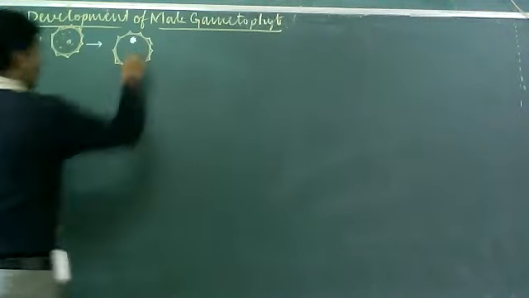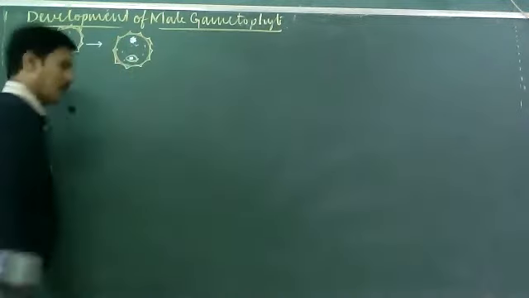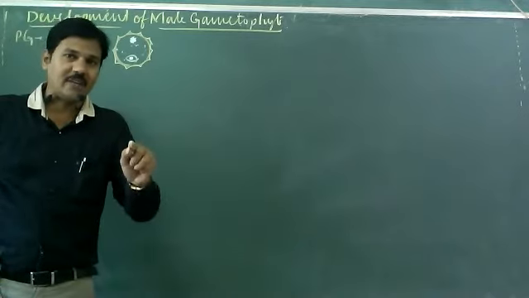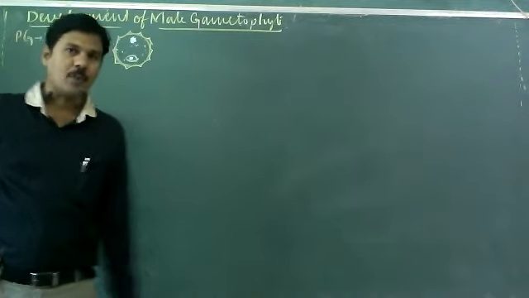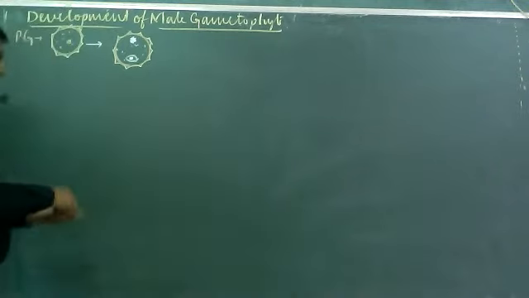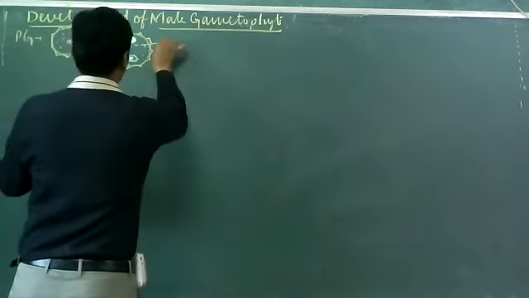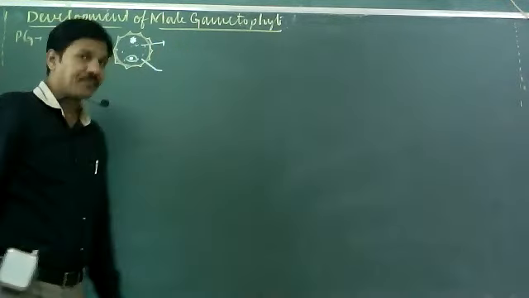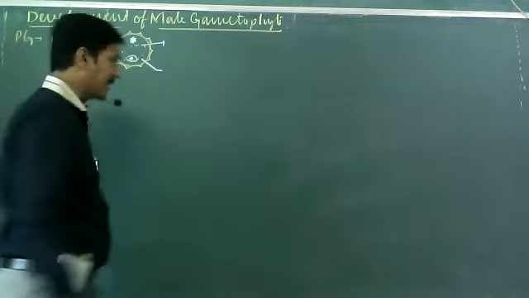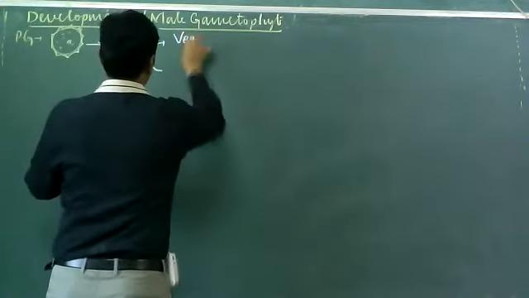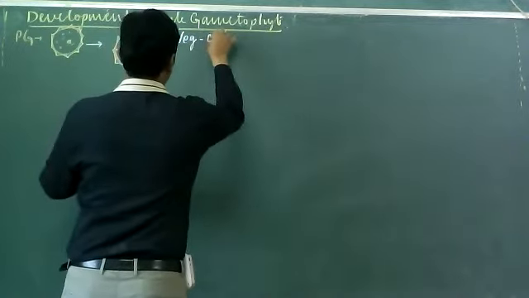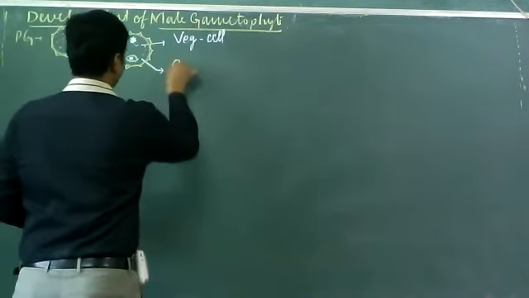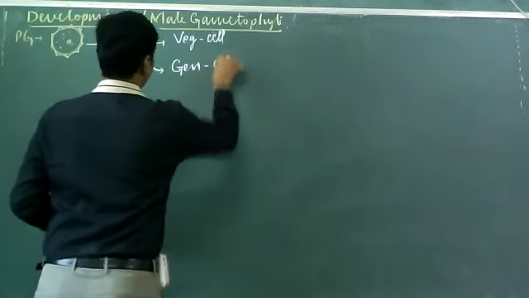So which shows that two cells are formed. The pollen grain undergoes a division and produces two cells, one larger and one smaller. The larger cell is called the vegetative cell or somatic cell, and the smaller cell is called the generative cell.